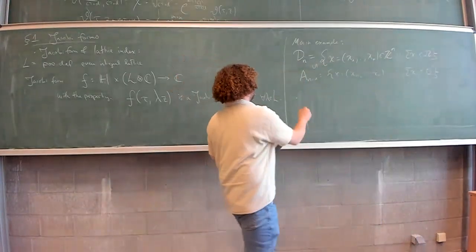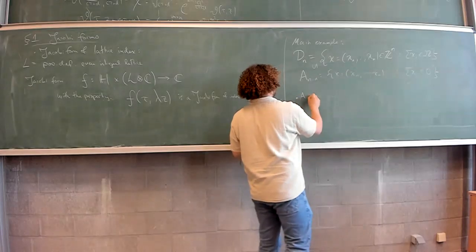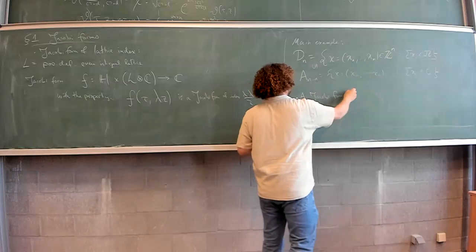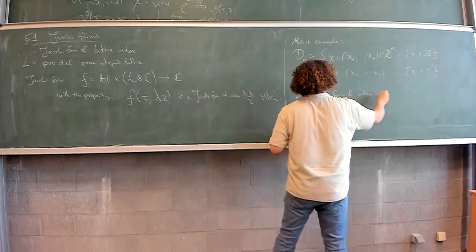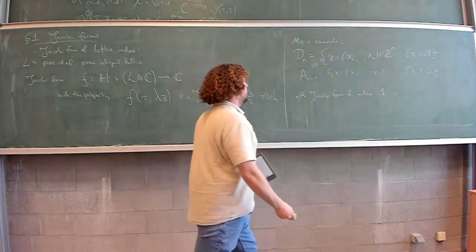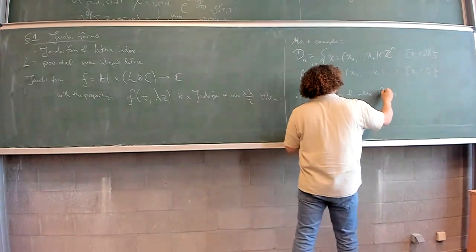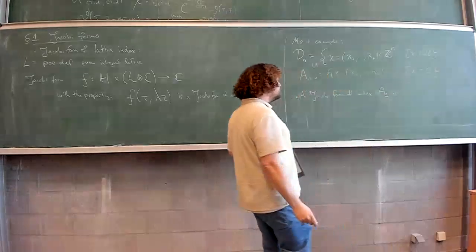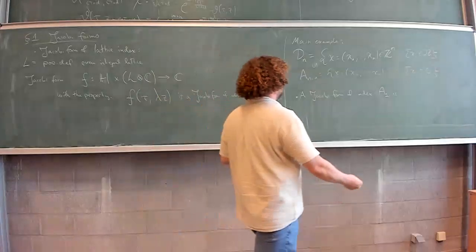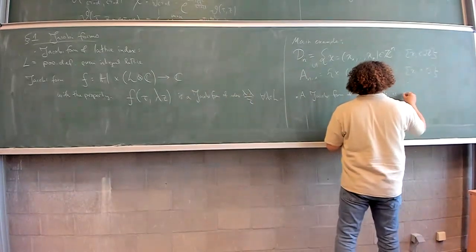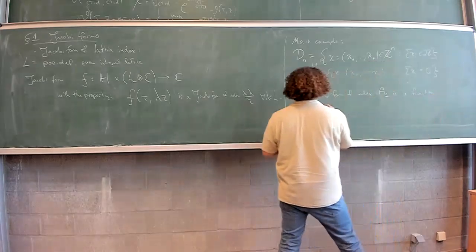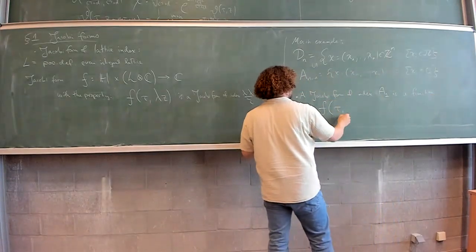A Jacobi form of index A1 is a function of the following form.